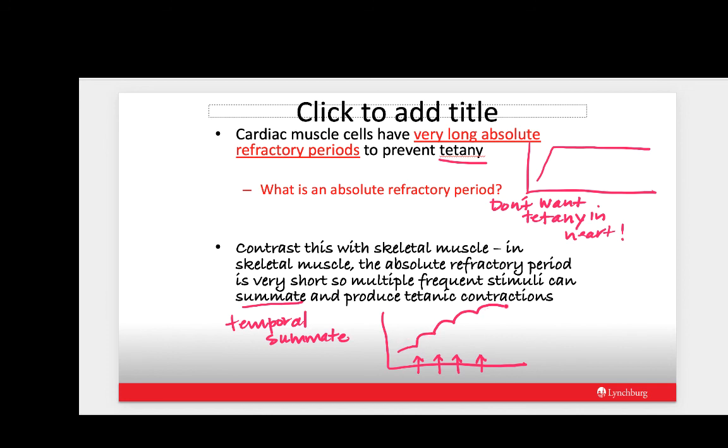Eventually, if we increase our frequency of stimulation enough, we are going to generate tetany. So skeletal muscle fibers have the ability to temporally summate. Cardiac muscle doesn't, because it has a very long absolute refractory period. No matter what you do, it's not going to contract again unless it's given enough time.